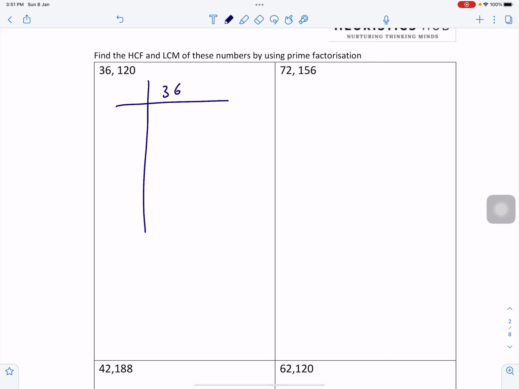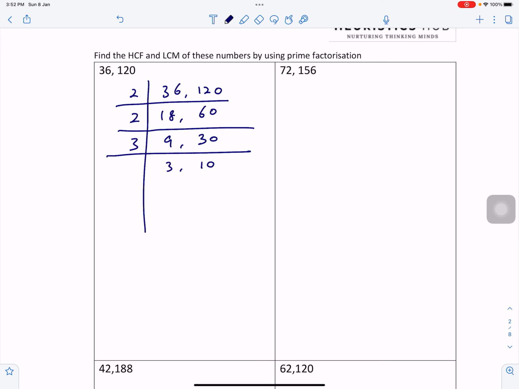Basically, you write it as if you're doing prime factorization. You divide by 2, that gives you 18 and 60. You see, I can divide by 2 again. That should give me 9 and 30, and divide by 3 again, that should give me 3 and 10. And there you have it, 3 and 10. What is this called?